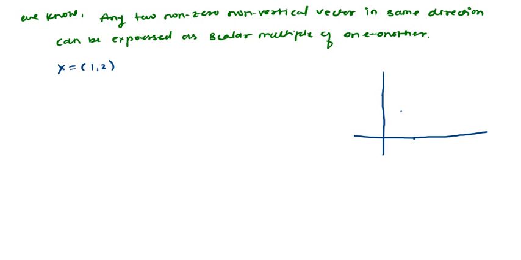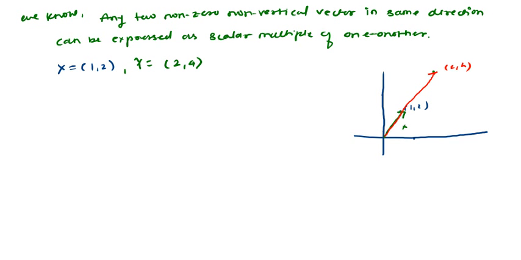This is the vector x. Suppose I consider another vector y equal to 2 comma 4. So this vector will be along the same line and go to the point 2 comma 4.